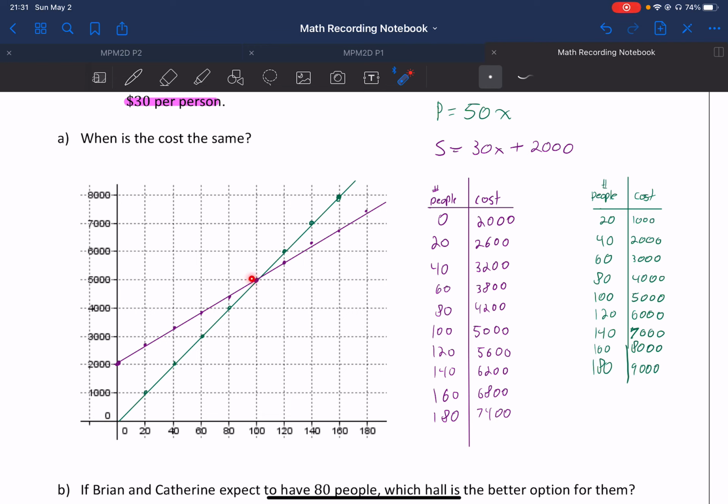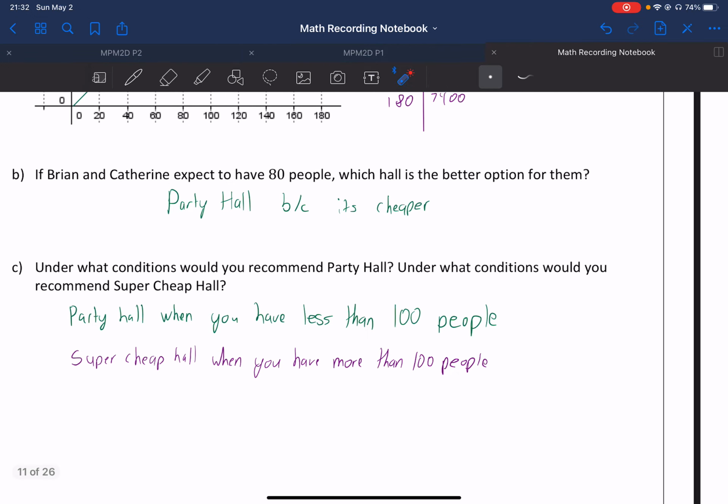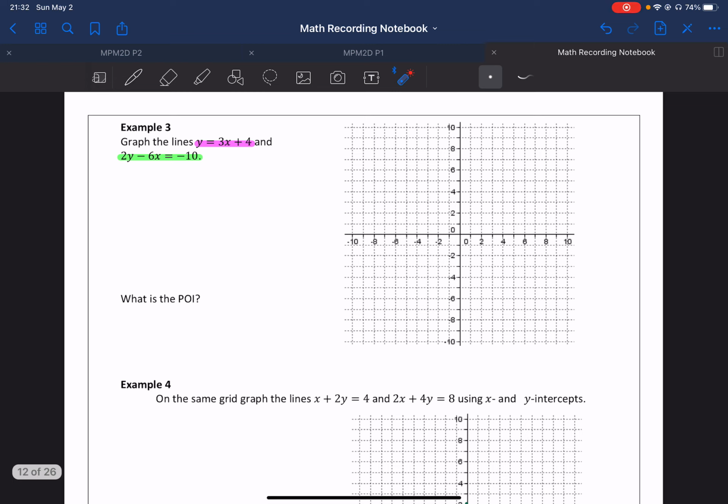But once we reach 100 people, Super Cheap hall is cheaper because it's below party hall's line. So we can just write that: party hall when you have less than 100 people, and Super Cheap hall when you have more than 100 people. So that's an example of a real world practice. We could put this type of mathematics to work for us and save us money.